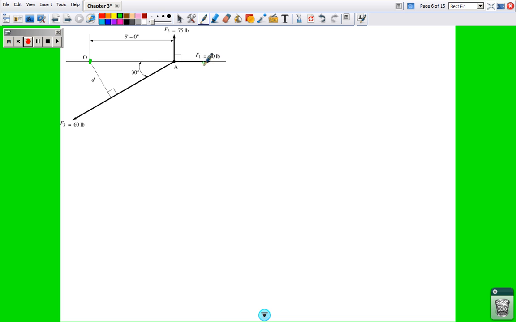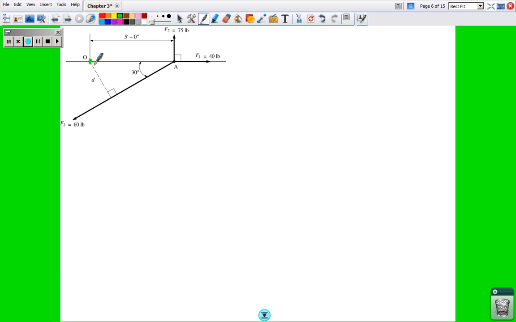Now, F1 is in the same line of action as point O. Remember that we can pretend that forces are applied anywhere along that line directly that they're in, okay? And so there is no moment around O due to F1.